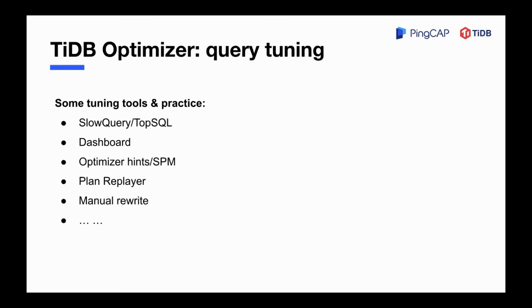SPM stands for SQL plan management. That one is used to stabilize the query plan. You can bind the query with a certain plan, so in case something changes, the plan stays the same. There's no plan regression, which is also very important. We also have the plan replayer for users to generate information for the optimizer to recreate the problem. And then we can advise users to manually rewrite.